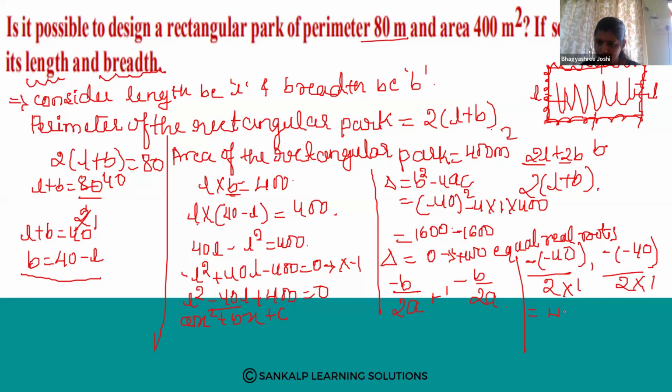Minus into minus is plus, 40 divided by 2 and 40 divided by 2. 2 twos are 4, so that means 20 you will get, 20 and 20. That means length is 20 and breadth is 20. So this is the value of L and this is the value of B.